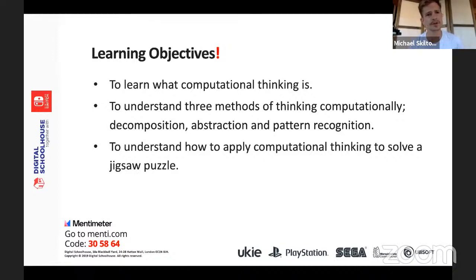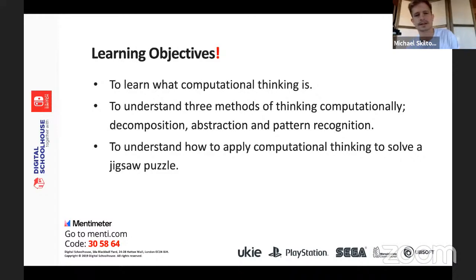The second learning objective today is to understand the three methods of thinking computationally. These three methods we'll talk about in more detail, but this is decomposition, which you guys may have heard about with regards to perhaps food or cellular structures in science. We're going to talk about abstraction, which you guys may have heard about in art, for example, and pattern recognition, which is something that more closely relates perhaps to maths that you guys may have come across before.